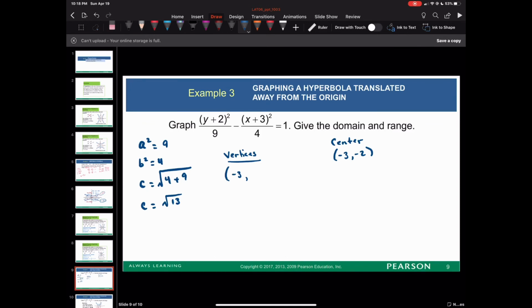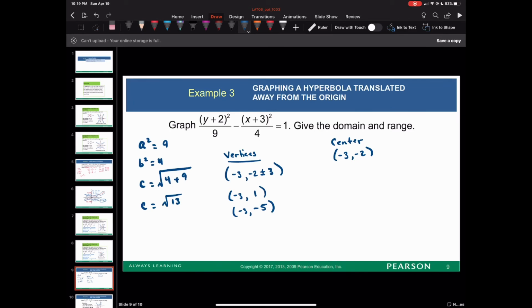So it'll be -2 plus or minus my a, which is 3. Therefore, you should have -3 and, if I do -2 plus 3, that's going to give me 1. And if I do -2 minus 3, that should give me negative 5. So that should be my two points that I should get, right?